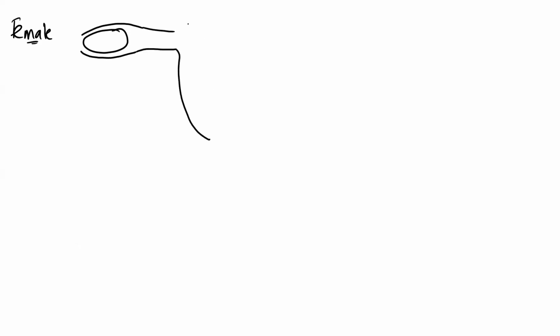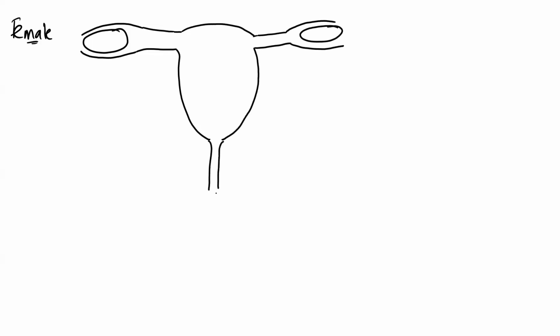I guess. It's oviduct, right? Children, see, this is the tube oviduct, and then this one is ovaries. This is an ovary, and this is uterus. This is vagina.